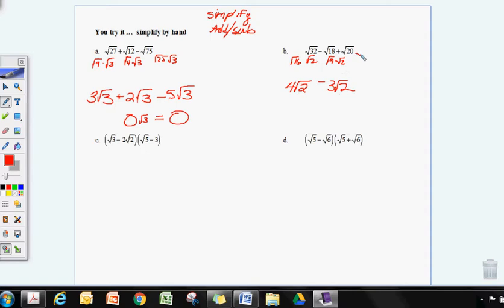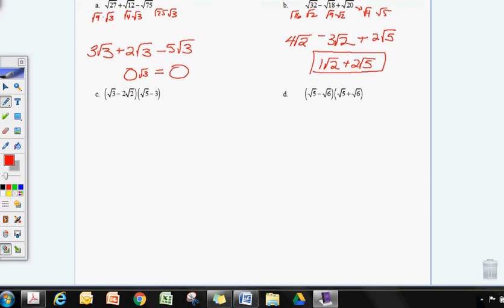And for 20, I have square root of 4 times square root of 5, which would be adding 2 square roots of 5. Combine like terms, 4 minus 3 would give me 1 square root of 2, and add on to 2 square roots of 5. That's as simple as it goes because you can't combine them if they're not like terms.